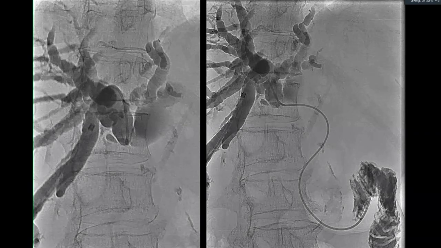In these images, again, right and left biliary tracts are dilated with again the abrupt cutoff level. So no passage. I think contrast is outlined in the bowel. Okay.